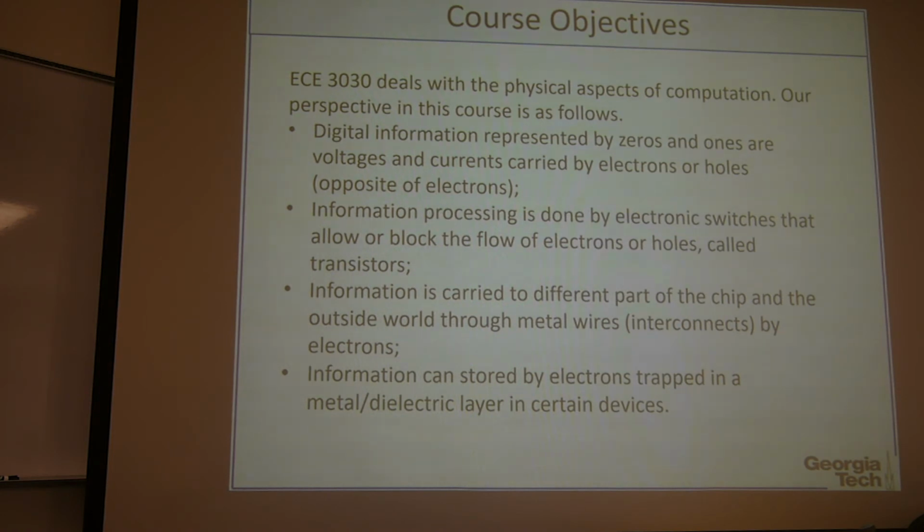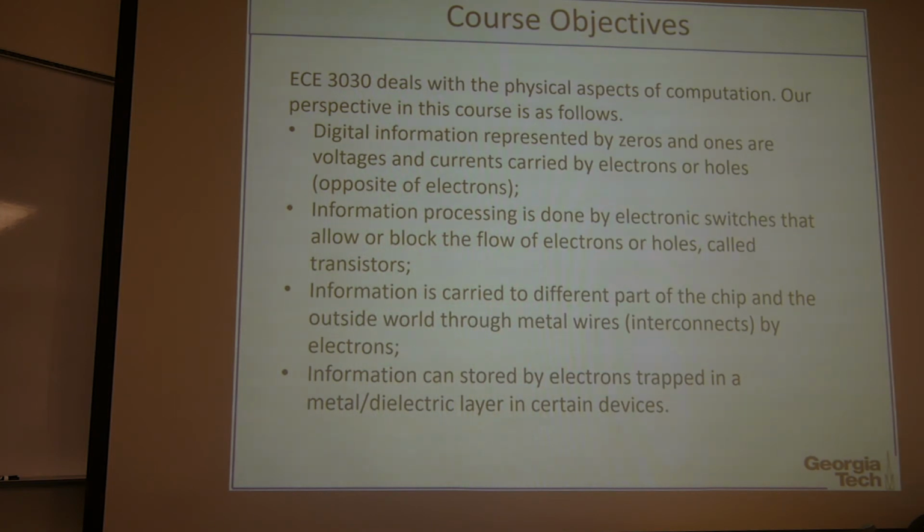For example, your microprocessor is made of billions of transistors. A single transistor is the smallest unit that you control the 0 and 1 in the form of the electron flow or hole flow. So we are going to have more discussions in this course about the transistor.